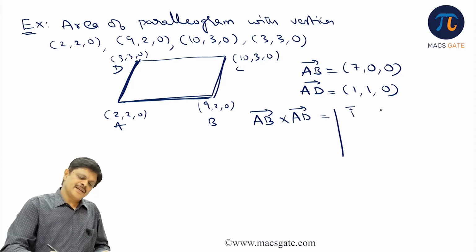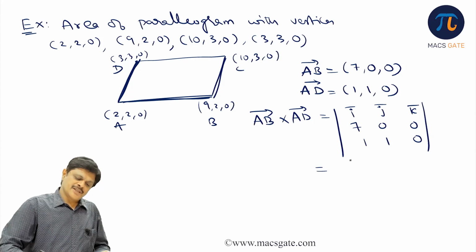So that is the determinant with i, j, k bar, then 7 0 0 and 1 1 0, which is nothing but the i bar component would be completely 0, minus j bar component is also completely 0, plus k bar component is 7. This is not 0.